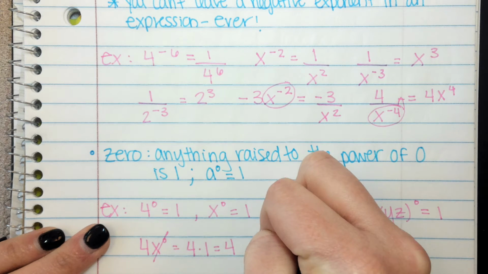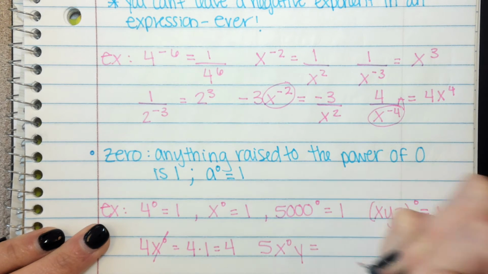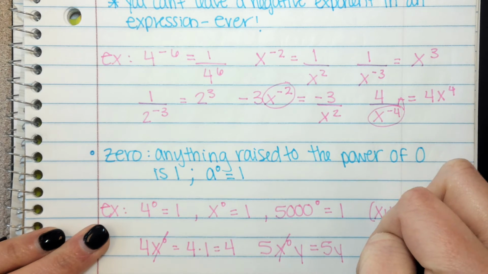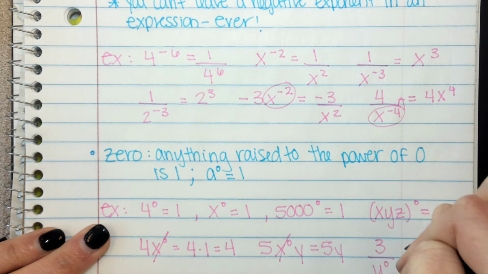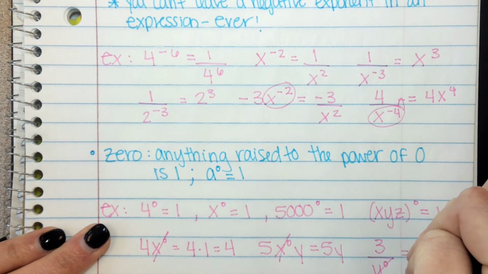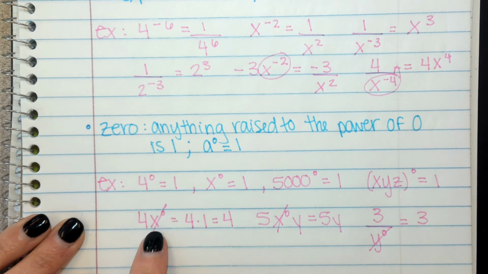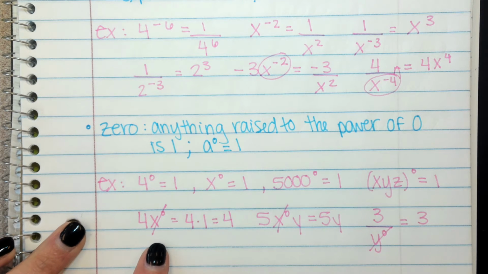So if I have 5x to the 0y, that would change to just 5y. Or if I had 3 over y to the 0, that'll just be 3. Okay? So anytime you have something to the 0 power, essentially you can mark it out. If there's nothing left, you just have a 1. If there is something left, you just bring that over.